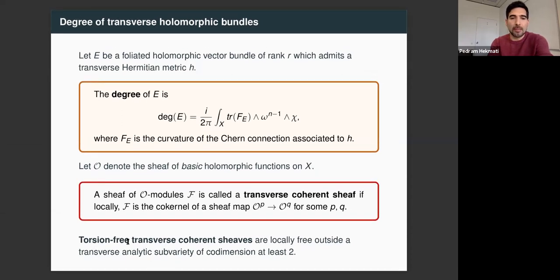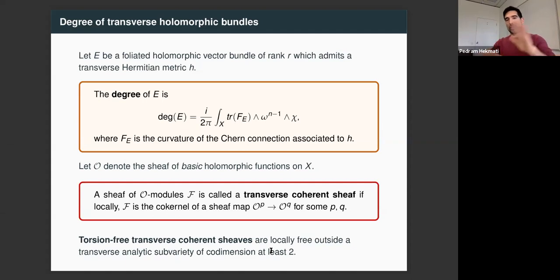For the definition of stability, we just need the transverse coherent sheaves which have a torsion-free quotient. So this property that such sheaves are essentially holomorphic bundles outside of a subvariety of codimension at least 2 still holds.